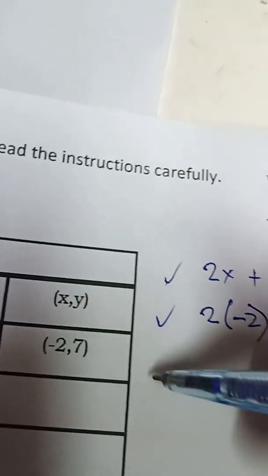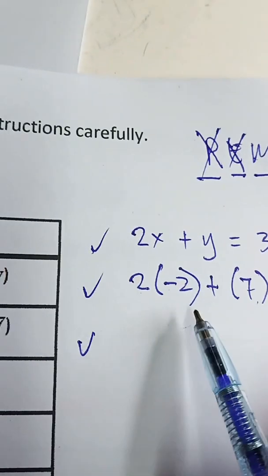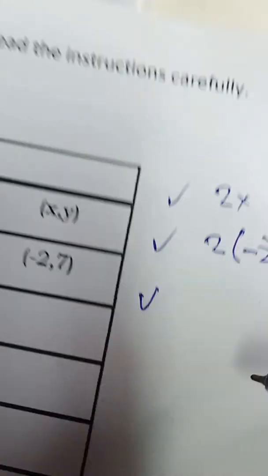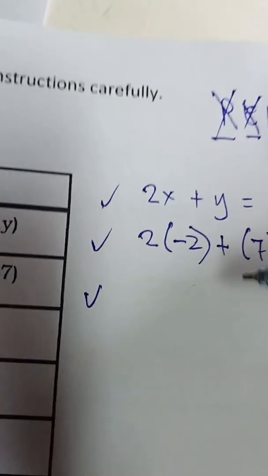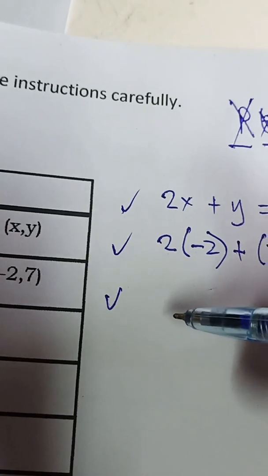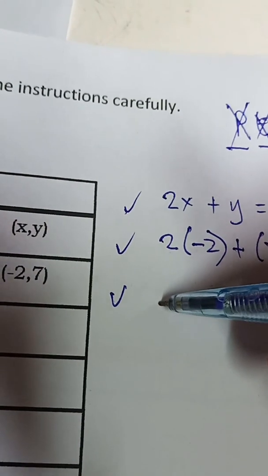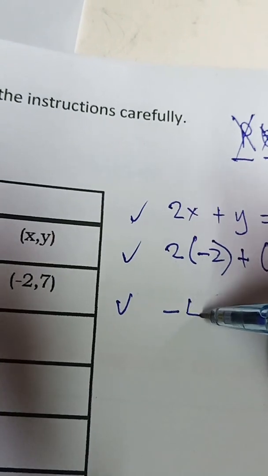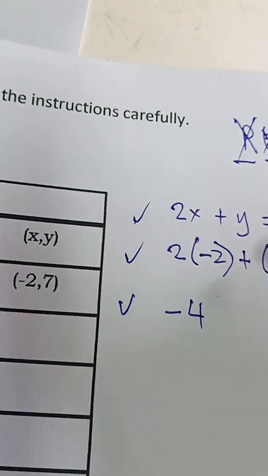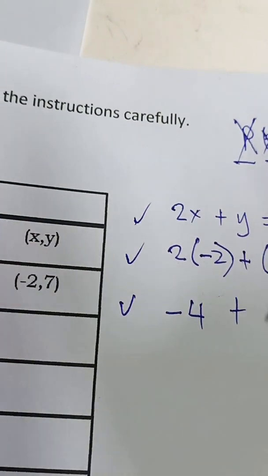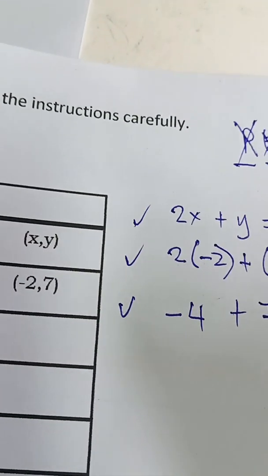Alright? So, step 3 is to multiply first. Okay, 2 times negative 2. Remember the laws of sign or the rule of signs. So, negative and positive, if you multiply, the result should be negative. That is -4. And then, plus, this is 7, is equal to 3.